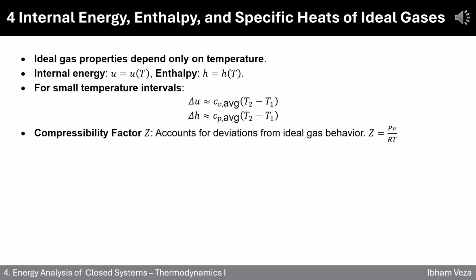But sometimes gases aren't ideal, especially at high pressures or low temperatures. That's where the compressibility factor Z comes in. It helps us correct for real gas behavior using the formula Z equals PV over RT. This way, you can confidently handle both ideal and non-ideal gas scenarios without getting stuck.